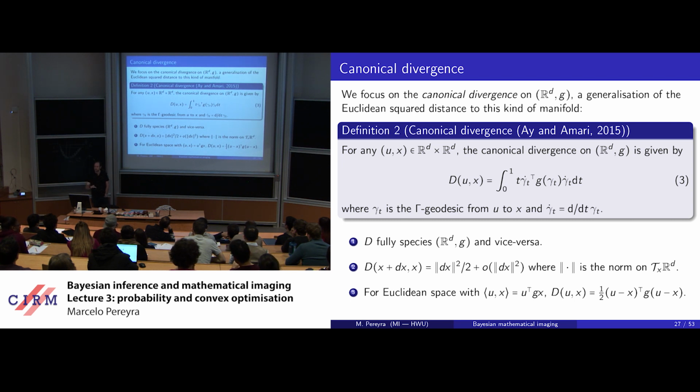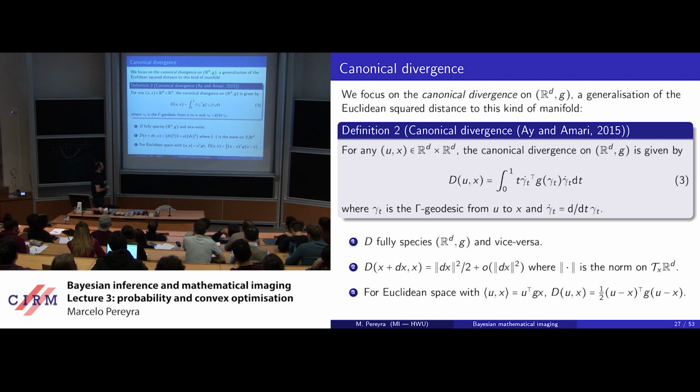But if I don't give you G, I just give you D, then G is automatically defined. So D has all the geometry information of the parameter space. If you know D, then you have fully specified your Riemannian manifold, as if you had defined G. There's a one-to-one equivalence between the two, so that's why we call it the canonical one. And so D fully specifies the geometry.